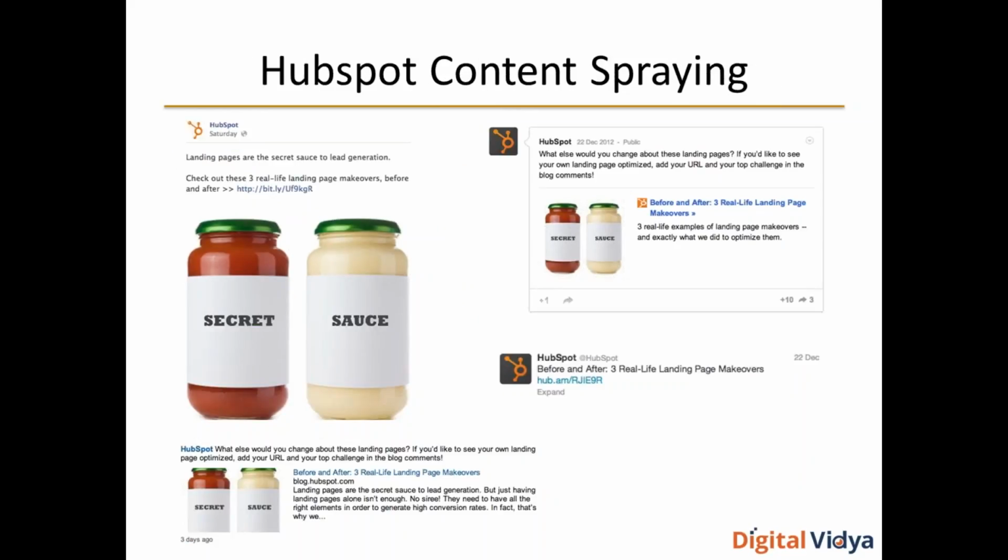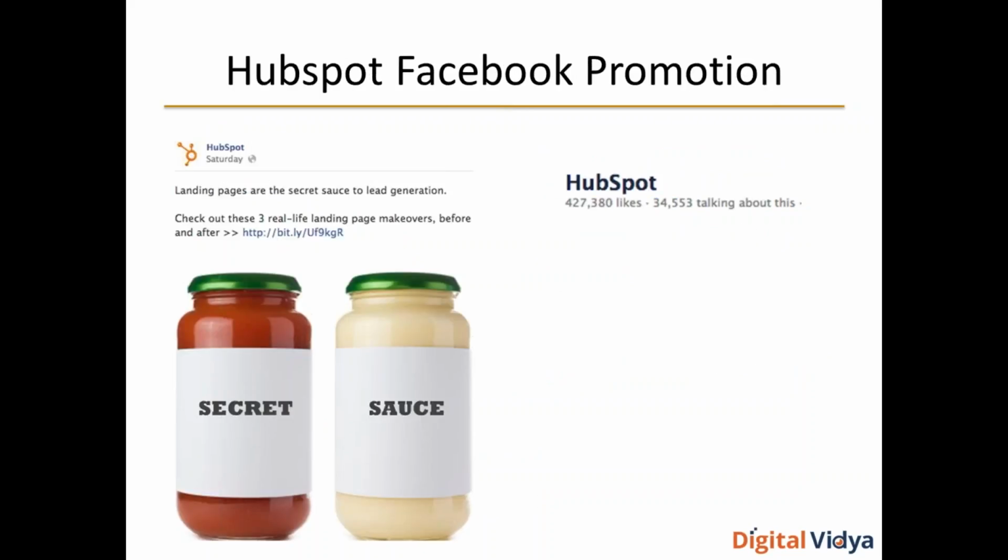Now, my question is, on this screen, you see this is the main content. Landing pages are the secret sauce to lead generation. Check out these 3 real-life landing page makeovers before and after, and a link is there of a blog or whatever. So what is this?